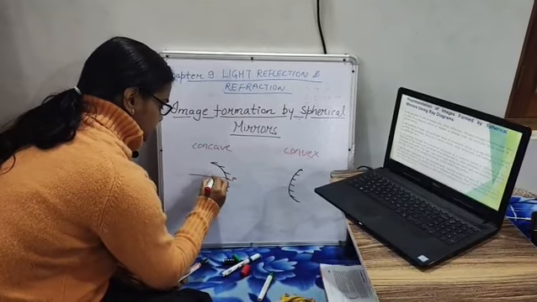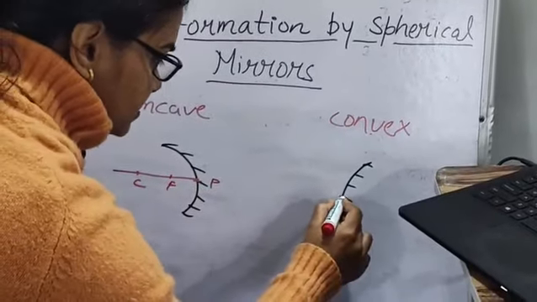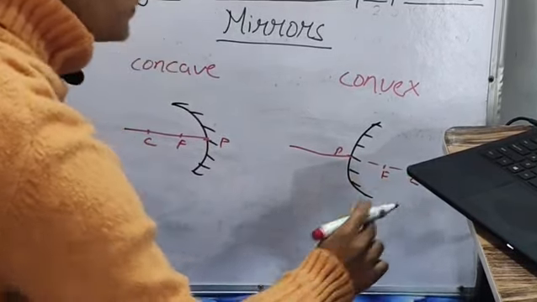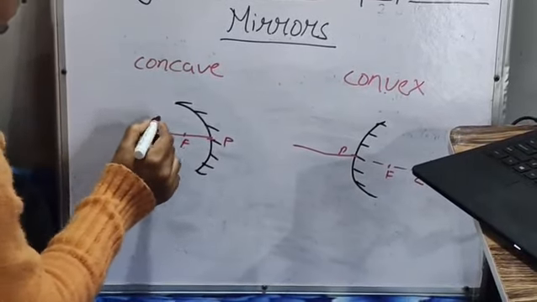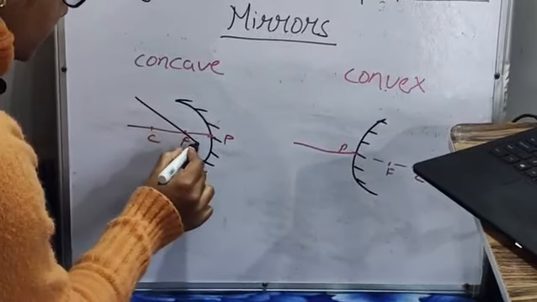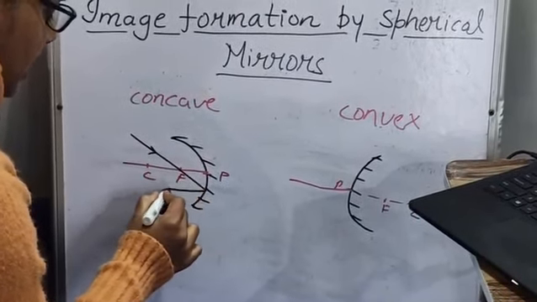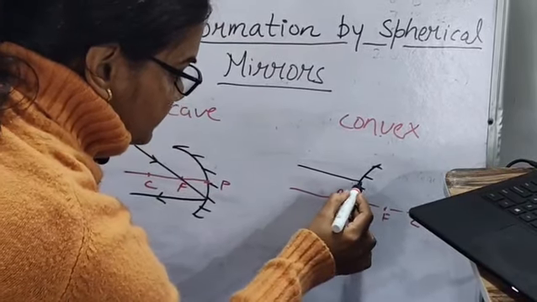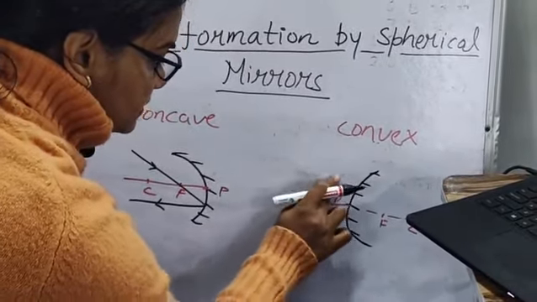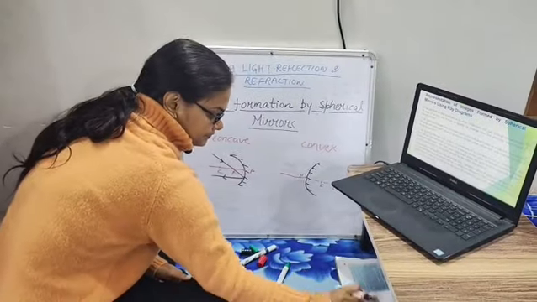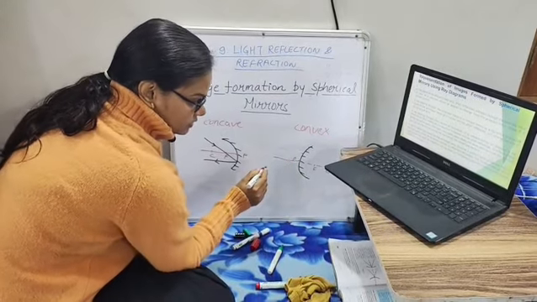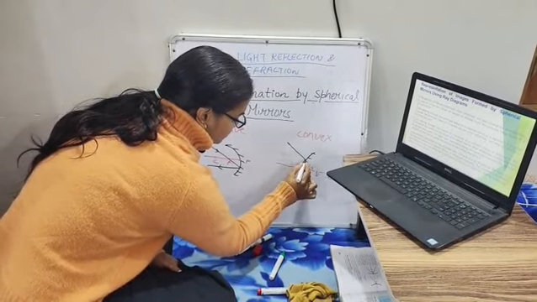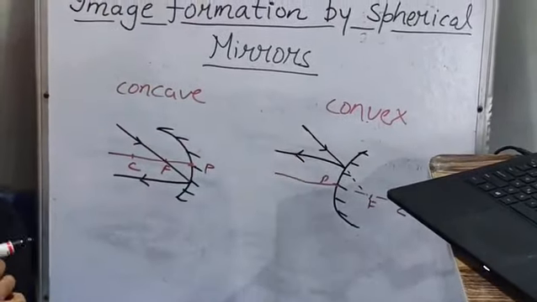This is P, this is F, this is C. Similarly, this is P, this is F, this is C. The second rule says that a ray of light passing through the focus will be reflected back parallel to the principal axis.